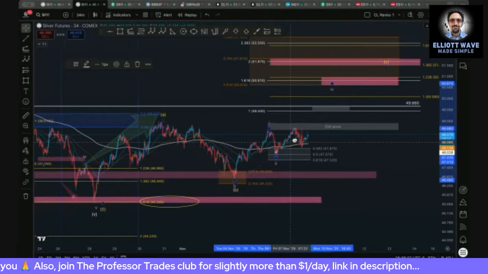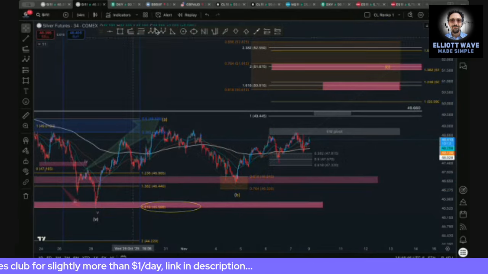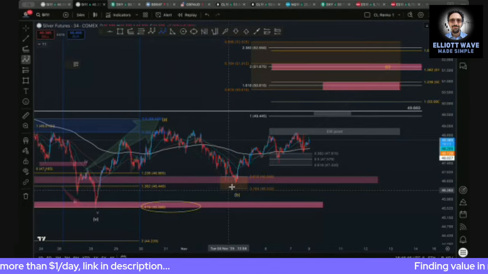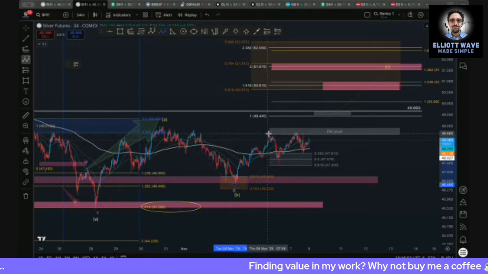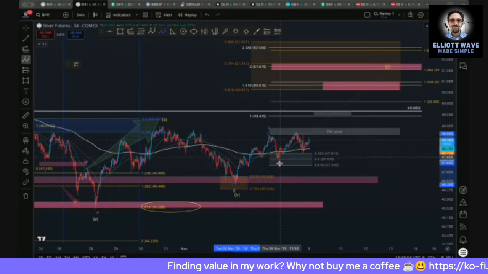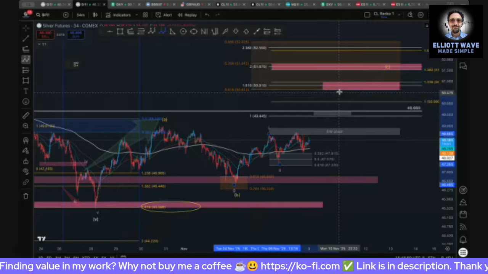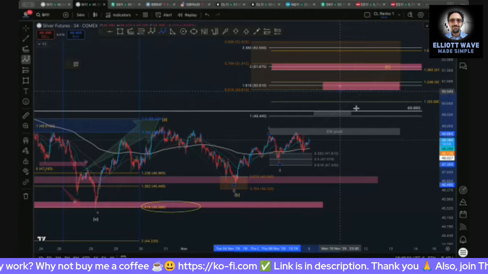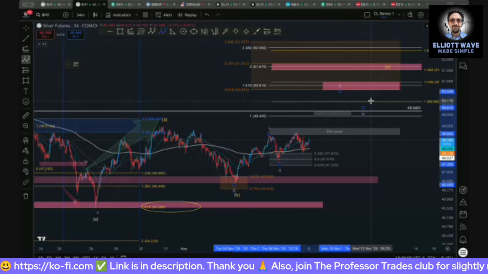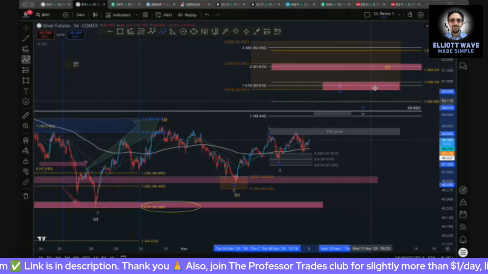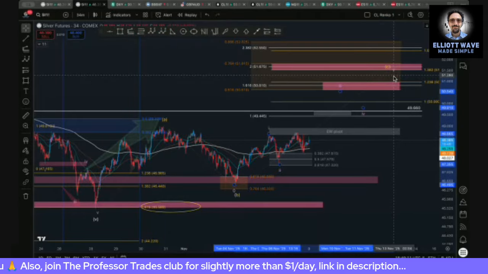Let me just delete it and make another one. So the idea is, now these are just the labels. I'm not measuring anything. If that's wave 1, this could be wave 2. Wave 3 would be expected to reach higher, and then wave 4 should hold the 100. I'm not predicting anything. I'm just showing you a tendency that Elliott wave is very good at highlighting.